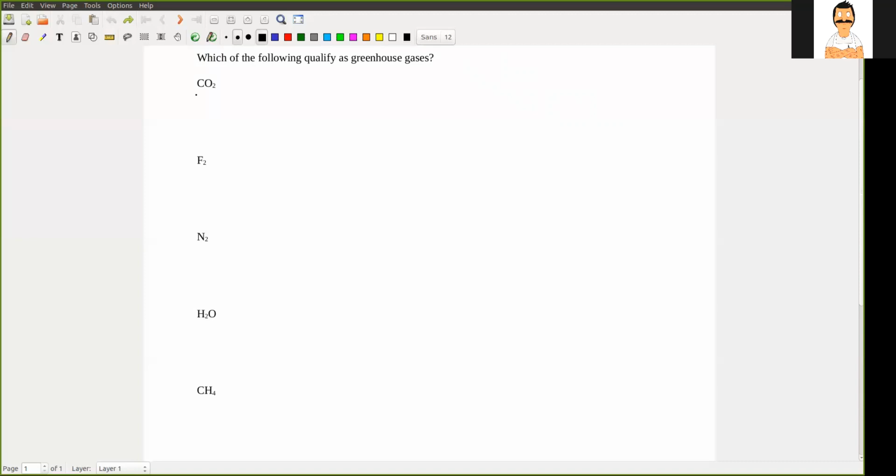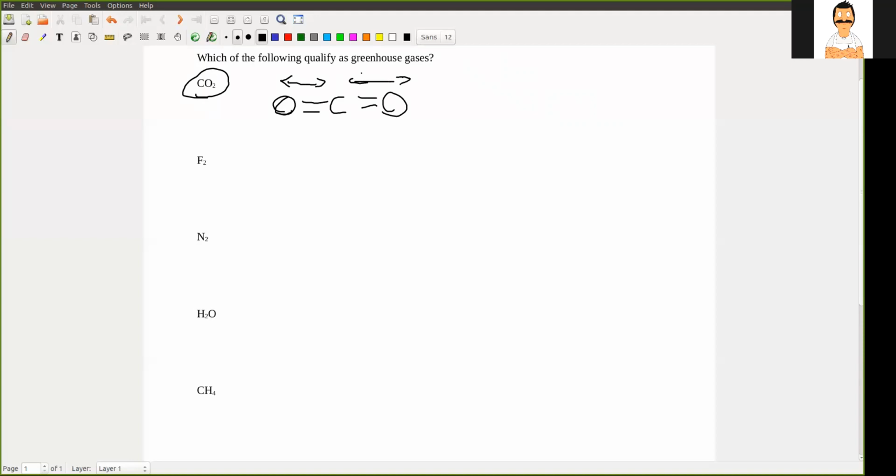So, for CO2, that one should be obvious. It's been in the news for quite a long time. Basically, you have a carbon that's double bonded with two oxygens. And as that light energy comes in, this oxygen shifts back and forth, as does this oxygen.